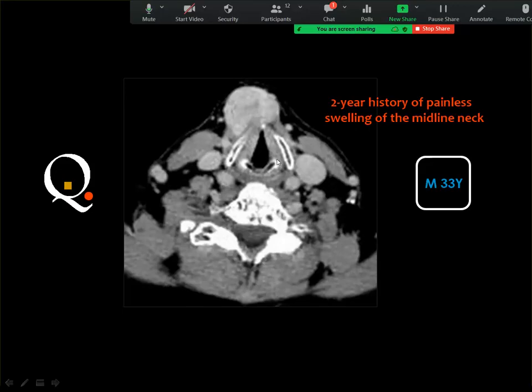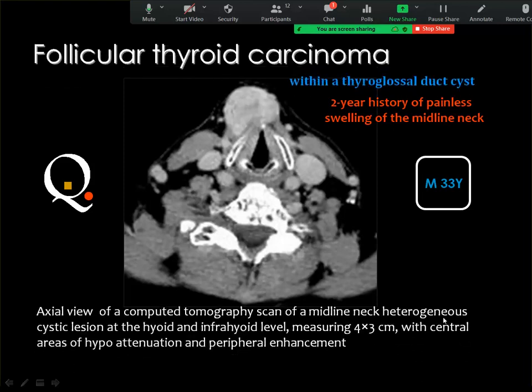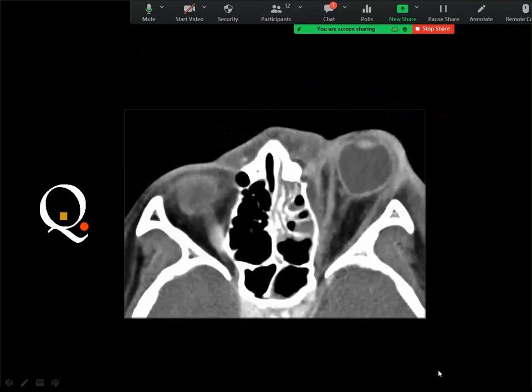But if the mass has totally occupied the whole cavity of the cyst, then you think of a thyroid cancer within a thyroglossal duct cyst that has been totally obliterated by the thyroid mass, because an ectopic location of the thyroid at this level is not actually known in clinical practice.